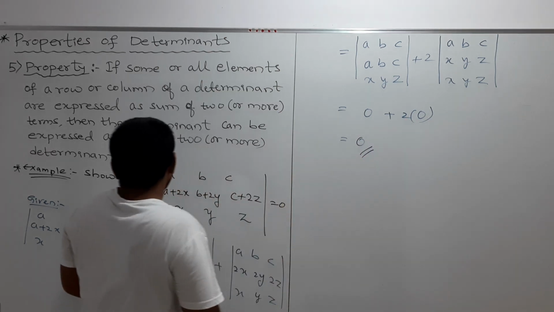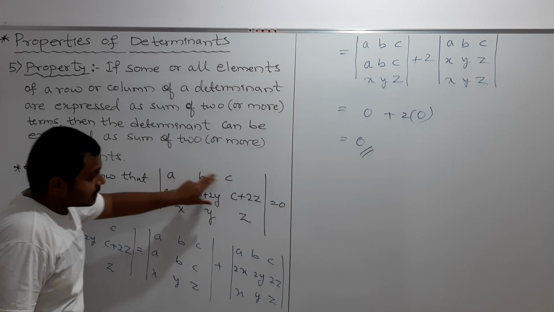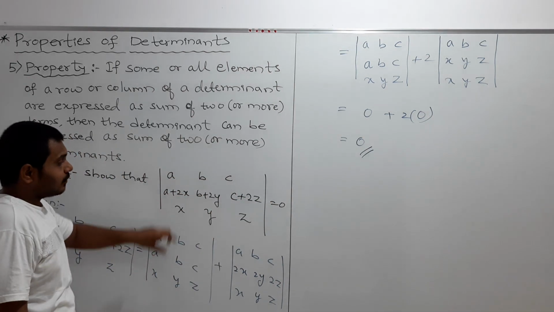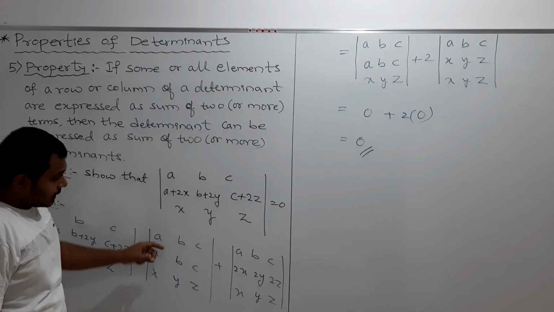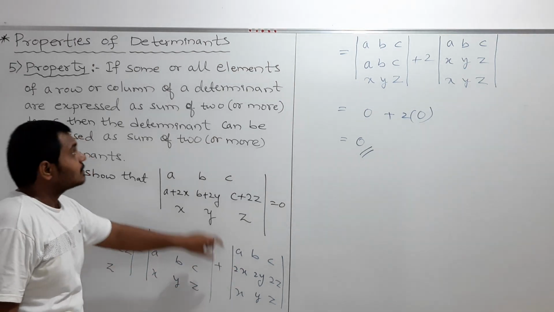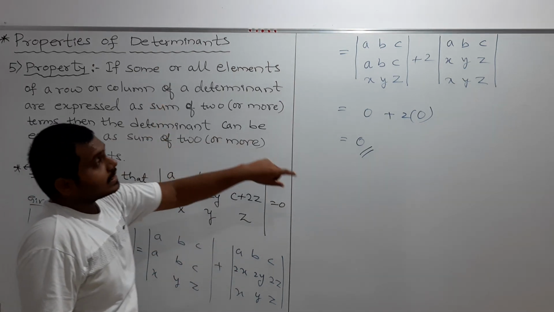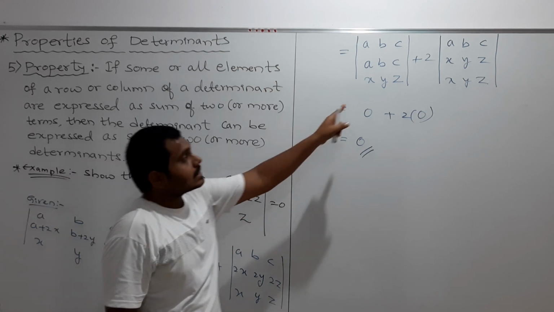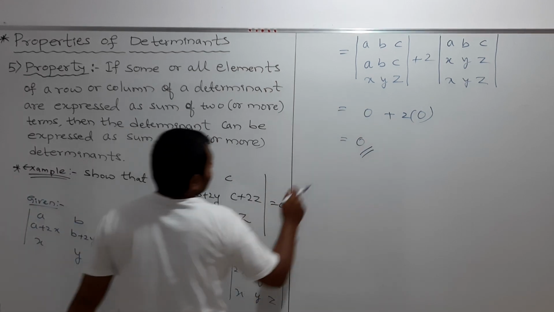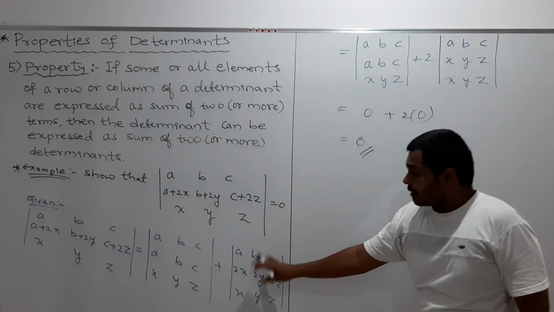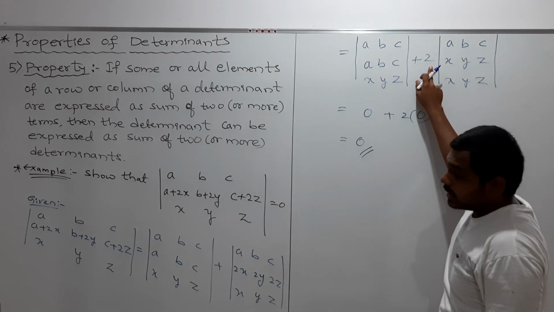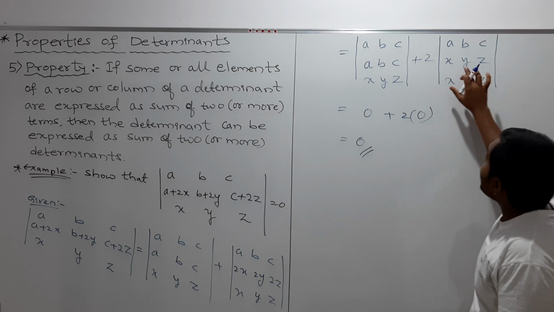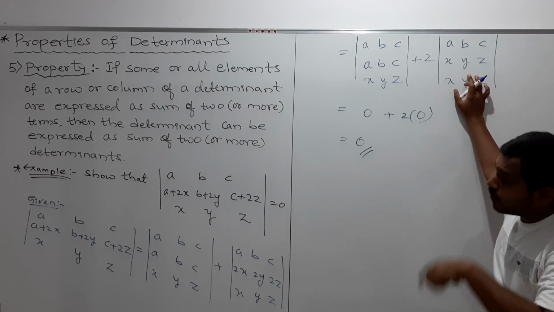What they asked in the question is to show that this value is equal to 0. So I considered this. I wrote the sum of the two determinants by this property, and after writing this, I wrote this determinant as it is, and in the second case I have taken 2 common outside by property number 4. Clear?